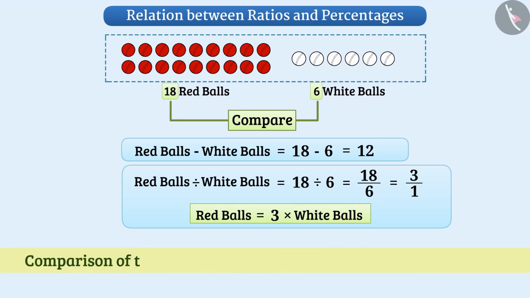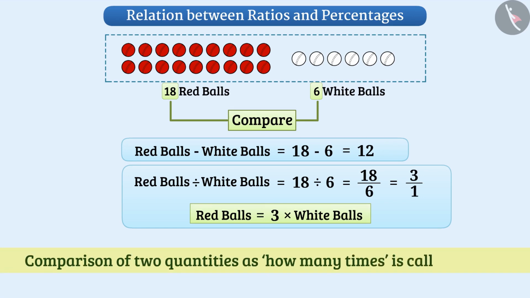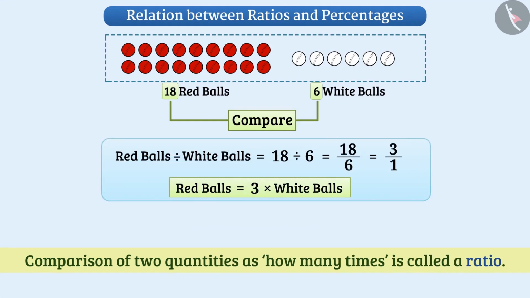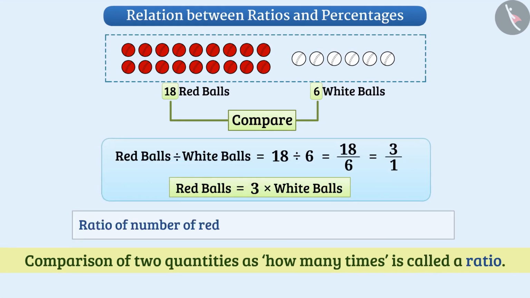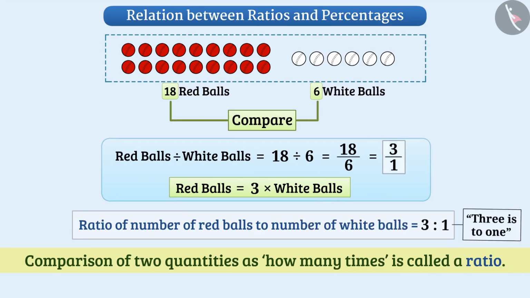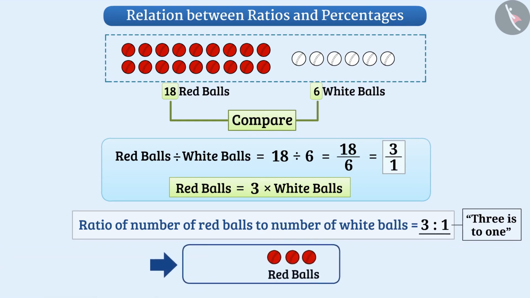Comparison of two quantities as how many times is called a ratio. In this way, we can say that the ratio of number of red balls to number of white balls is equal to 3:1, which means there are 3 red balls compared to 1 white ball.